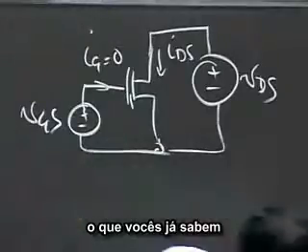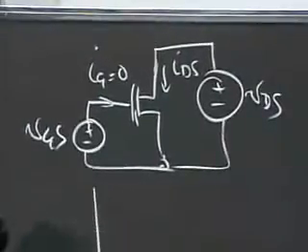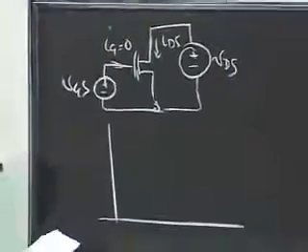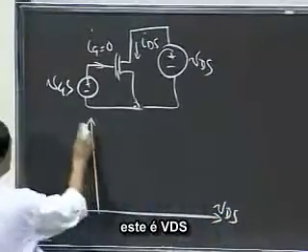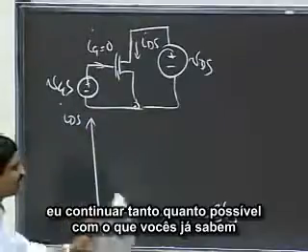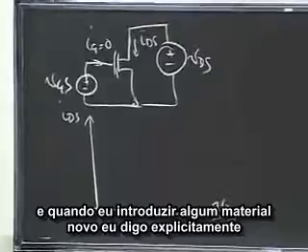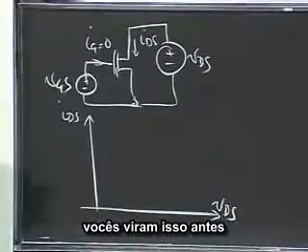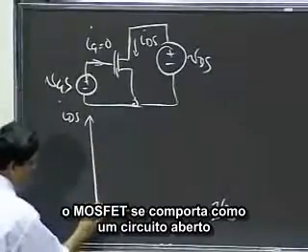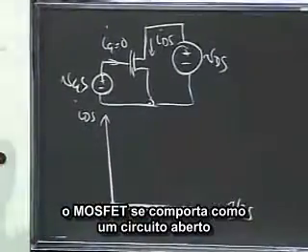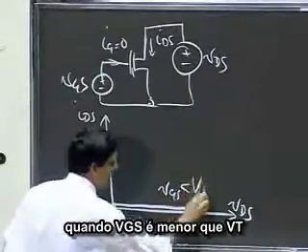So what you already know, all right, so this is VDS. I'll just keep doing as much as I can of what you already know, and then when I do some new stuff, I'll tell you explicitly. So you've seen this before. The MOSFET behaves like an open circuit when VGS is less than VT.